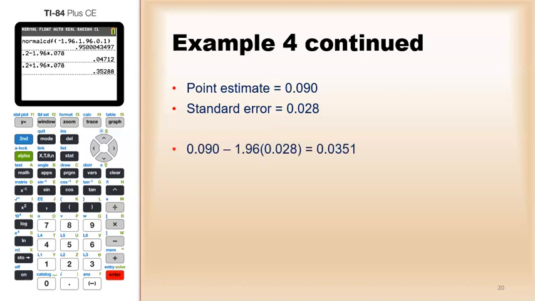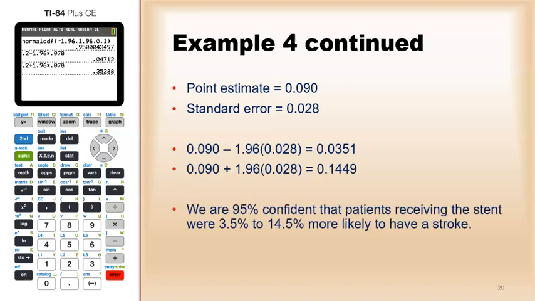I go 0.09 minus 1.96 times 0.028. You get about 3.5%. If I add, I get about 14.49%. So we are 95% confident that patients receiving the stent were between 3.5% and 14.5% more likely to have a stroke. So this was not a medical procedure that helped.